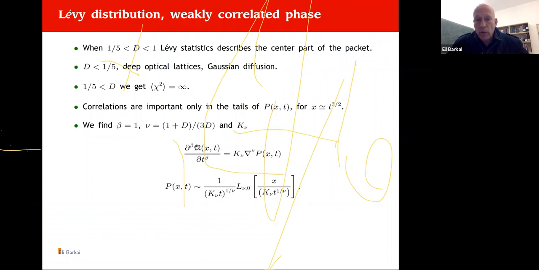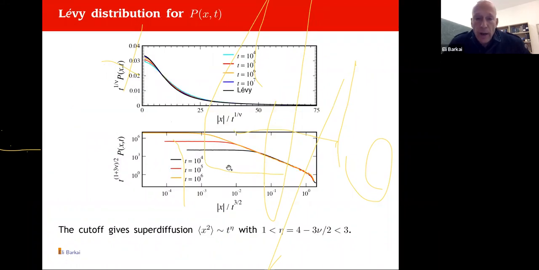It's given by this equation, where beta is equal to 1, and we have this chi of nu. However, this equation cannot be abused, because if you want to look at the correlation at large x, you cannot use this equation.